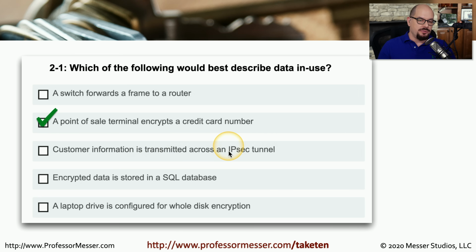Customer information is transmitted across an IPsec tunnel, also data in transit. Encrypted data is stored in a SQL database, that is data at rest. And a laptop drive configured for whole disk encryption, that would also be data at rest. The only option here that would describe data in use is a point-of-sale terminal encrypting a credit card number.